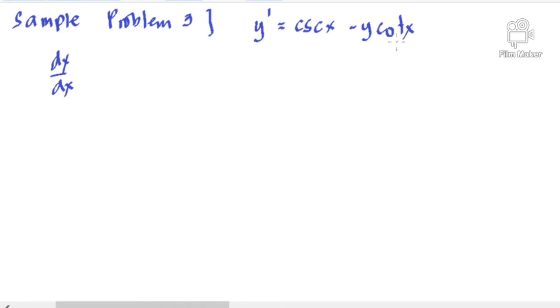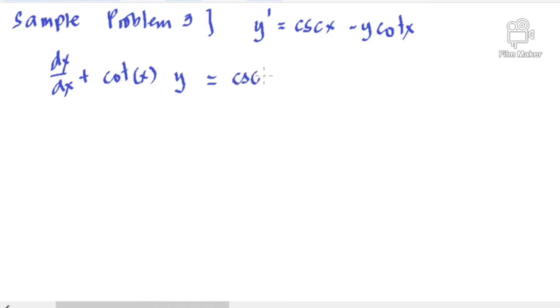And then, ito, ilalagay natin sa kabila kasi may y siya eh. So, negative siya, magiging plus cotangent of x multiplied by y. Lipat ko na para mas madali nyo maintindihan na nasa form siya ng P(x)y mamaya. And that is equal to cosecant of x.